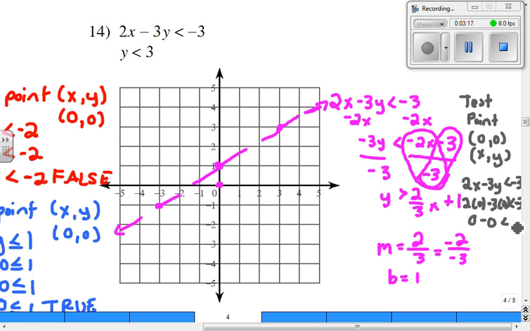Is 0 less than negative 3? No, 0 is not less than negative 3. That is a false statement. So I'm going to shade the other side, which is above. I'm going to shade above.